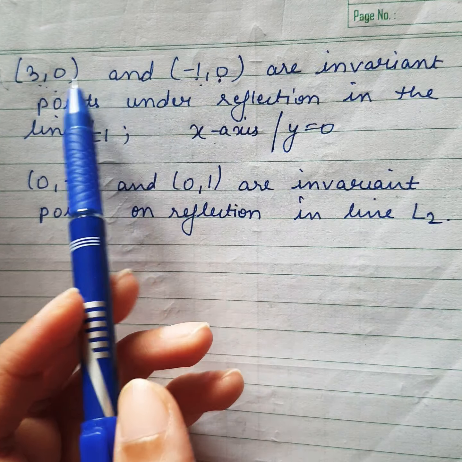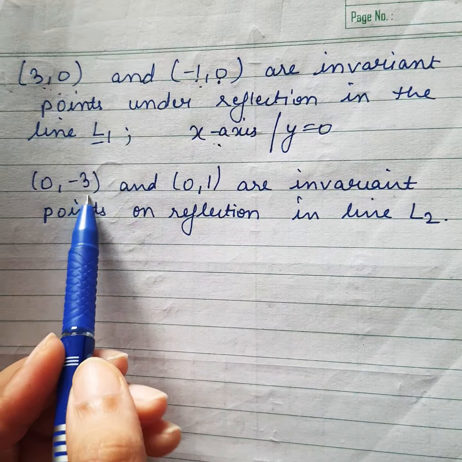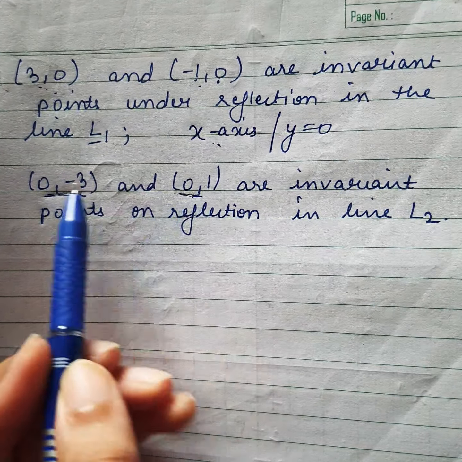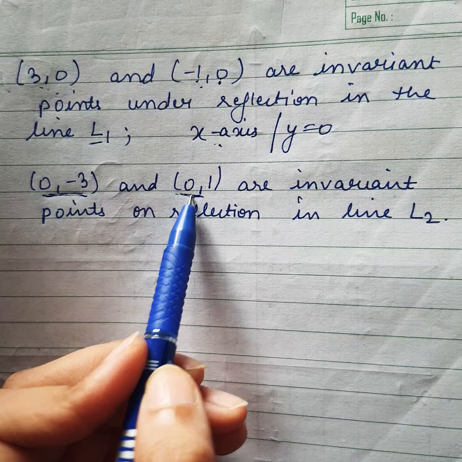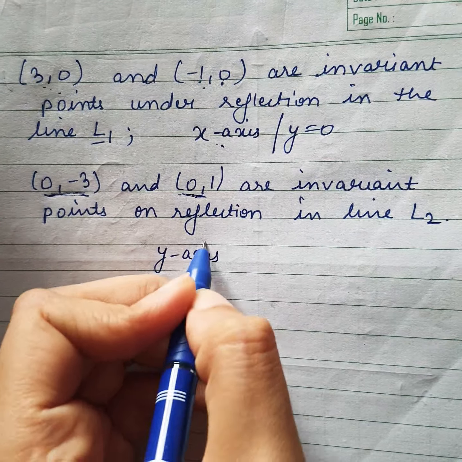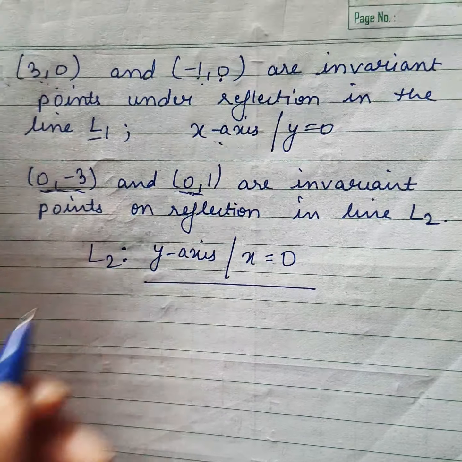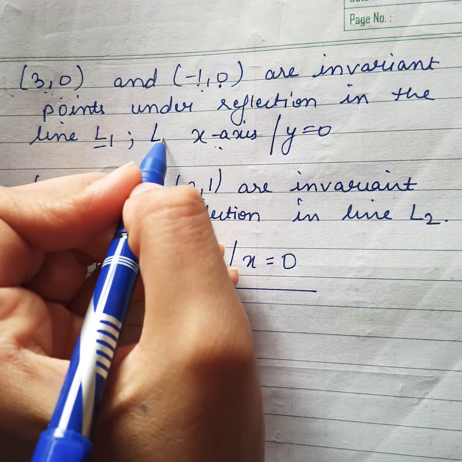So the points remain invariant if reflected along the x-axis. Now since these other points are lying on the y-axis, because the x coordinate is 0, if I reflect them along the y-axis line, so this is L2, the points remain invariant.